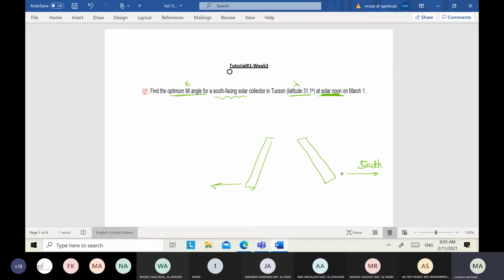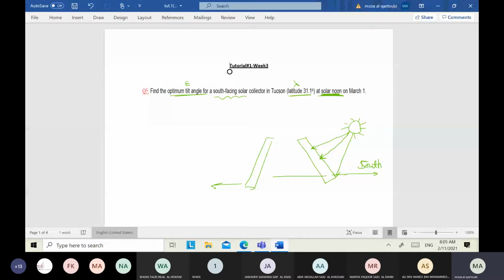Okay. Now at this point, this is the collector. Now given at solar noon, the sun will be perpendicular with respect to the collector, at an angle of 90. The ray of the sun can be drawn in this place or another, anywhere, but it will be perpendicular. In any place with respect to the collector at solar noon it will be perpendicular.